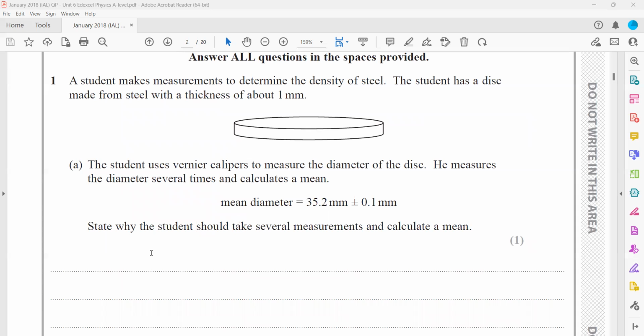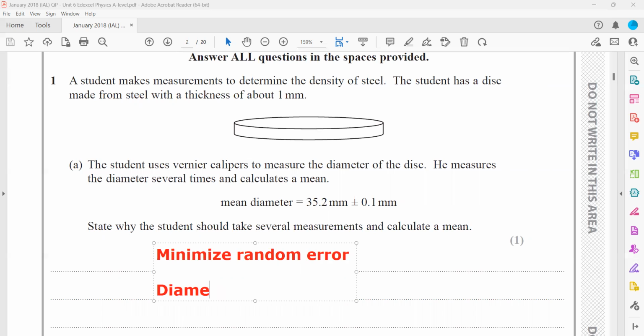So repetition will always minimize the random error. Or the diameter or the mean may not be uniform. That's why we have to repeat and take an average.